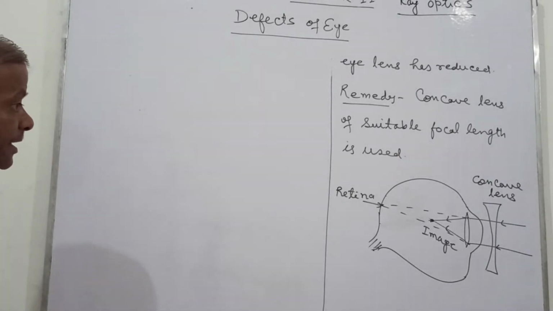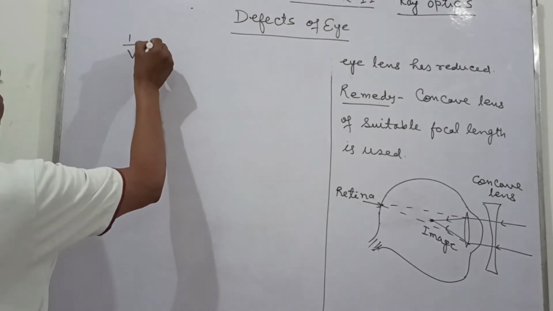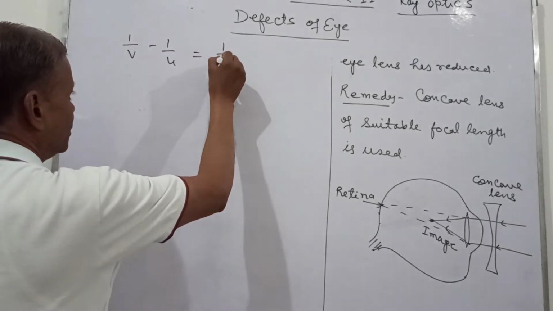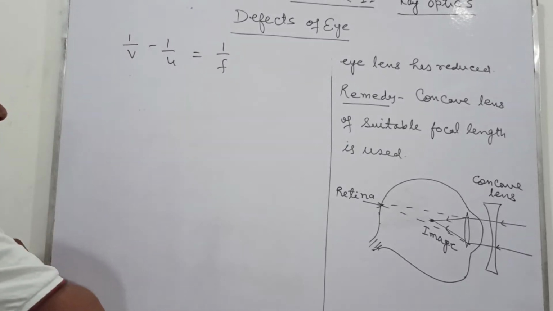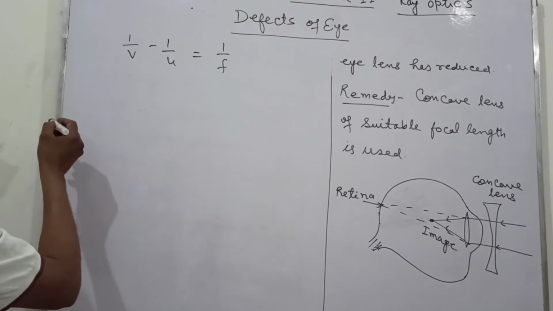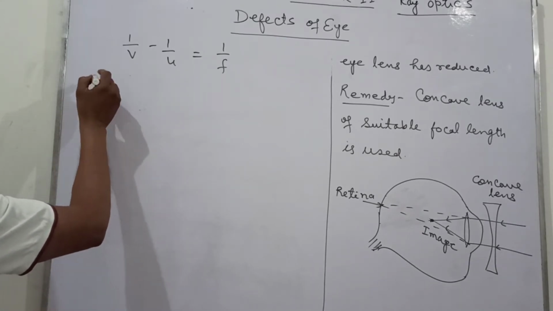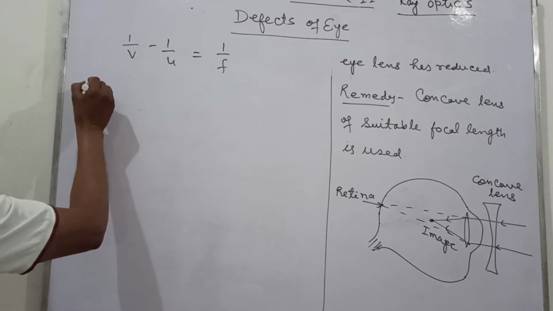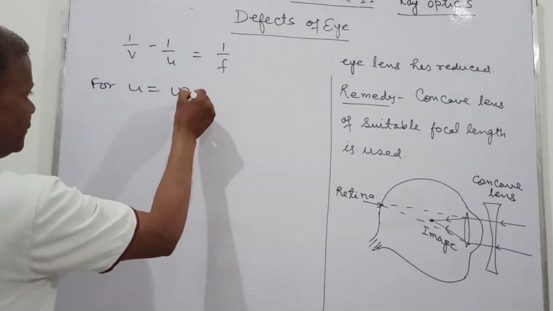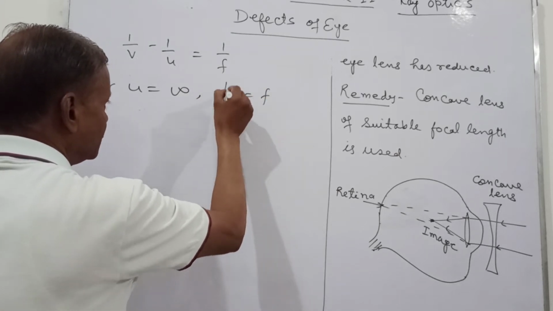Now we have the lens formula: 1/v minus 1/u is equal to 1/f. When u is at infinity, v is equal to f.